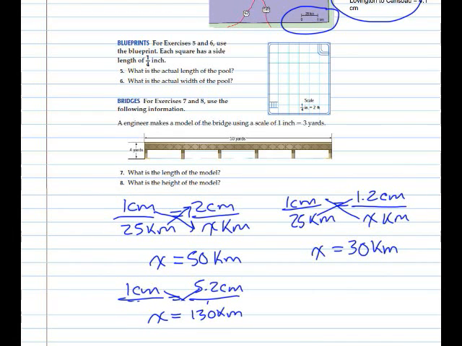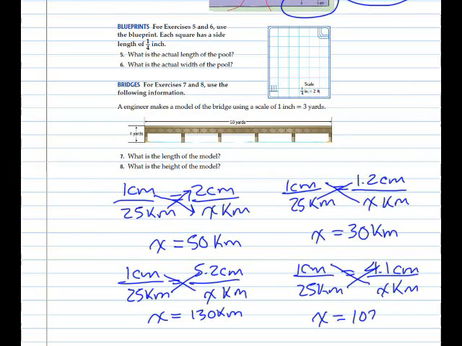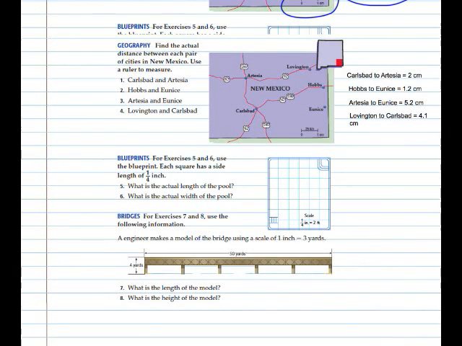And then our last example is Lovington to Carlsbad. 1 centimeter to 25 kilometers. 4.1 centimeters from Lovington to Carlsbad over x kilometers. Cross products. X equals 4.1 times 25, which turns out to be 102.5 kilometers.